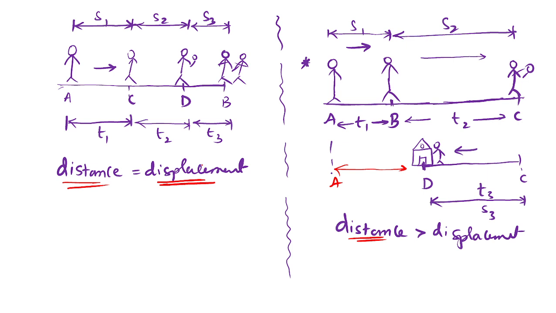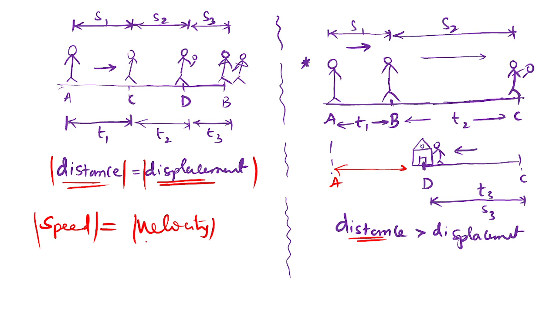Clear? Now that's why the average velocity and average speed concepts will be different. Why? Because in the earlier case, distance and displacement are magnitude-wise the same. Here they are magnitude-wise different. So in this situation it's very important to know that speed and velocity are both magnitude-wise equal in the earlier situation.